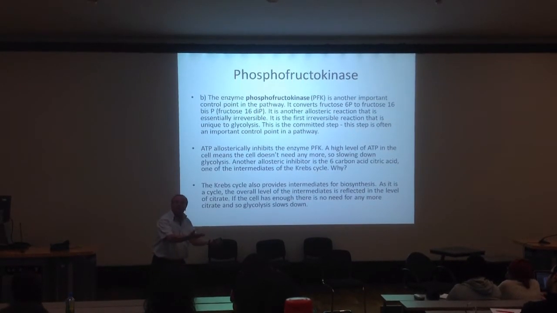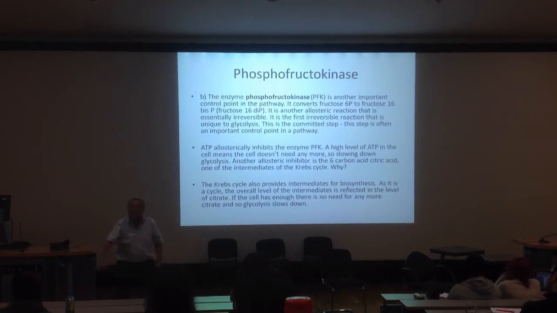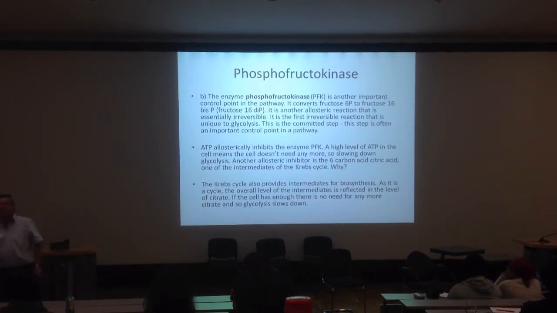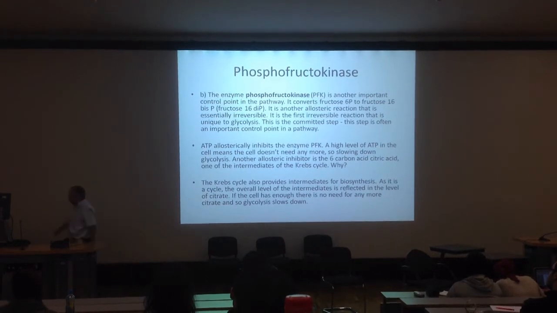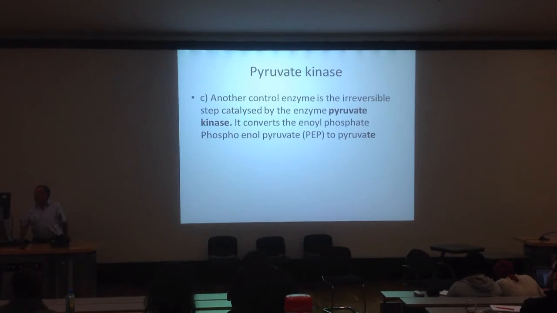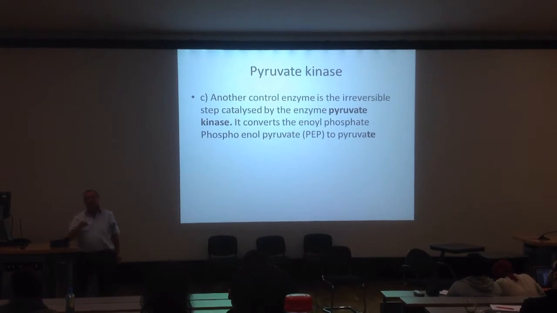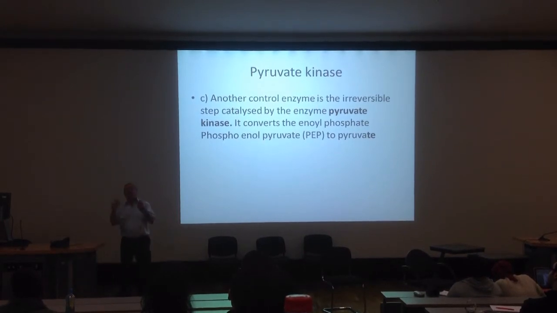If it needs more citrate to make new things, it needs to go back to glycolysis and say, make more, get that pathway going. So phosphofructokinase is important as well, and the final enzyme is pyruvate kinase. So they're the 3 irreversible steps in glycolysis, and they are the control points in glycolysis.